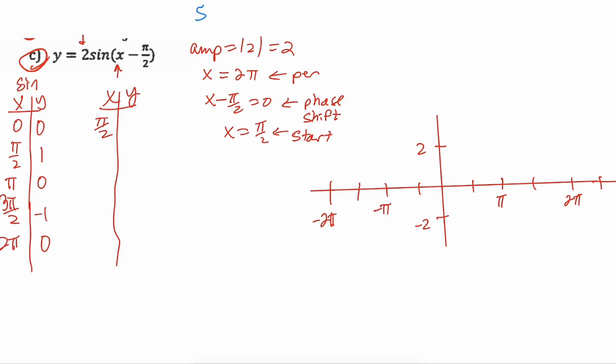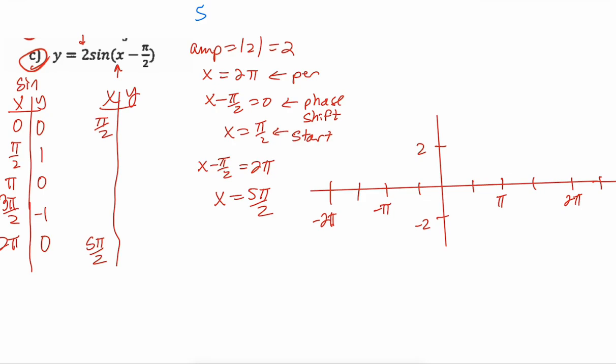Now our ending value, you're going to set that equal to 2 pi. So our starting value, you set that equal to 0, which also gives you a phase shift. For our ending value, you're going to set that equal to 2 pi. Well, if I add 1/2 to 2 wholes, which is 4 halves, plus 1/2 is 5 halves. So that's our ending value on our chart.